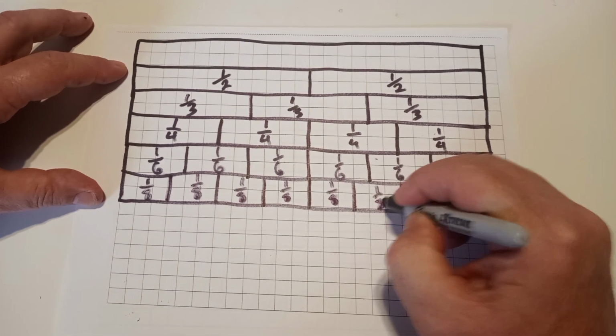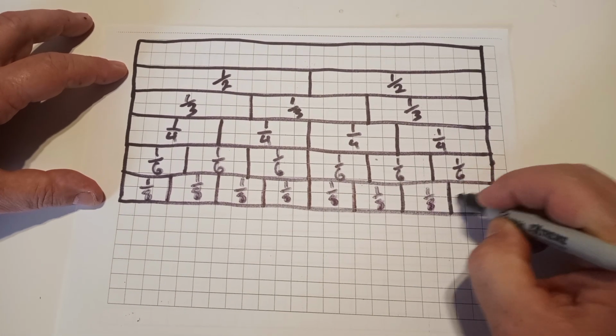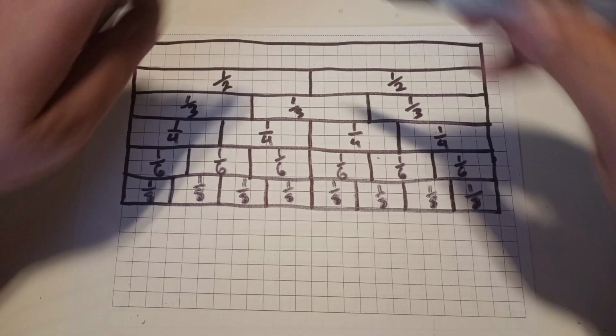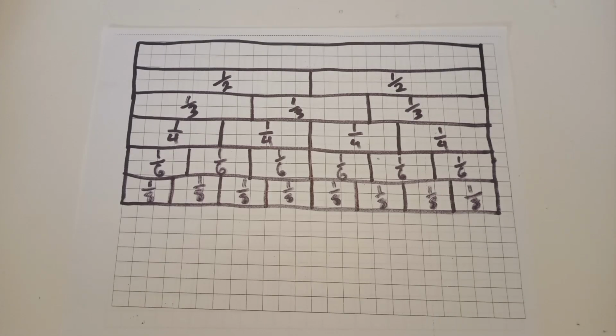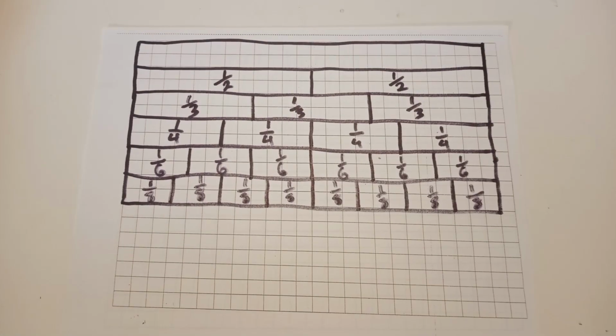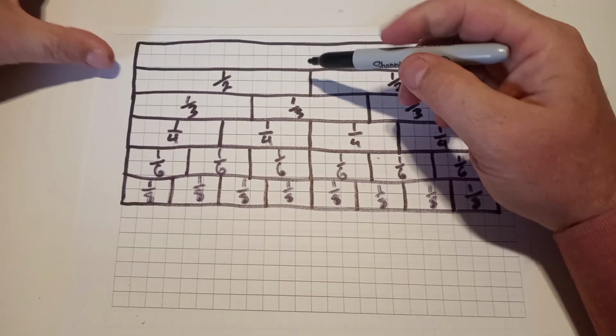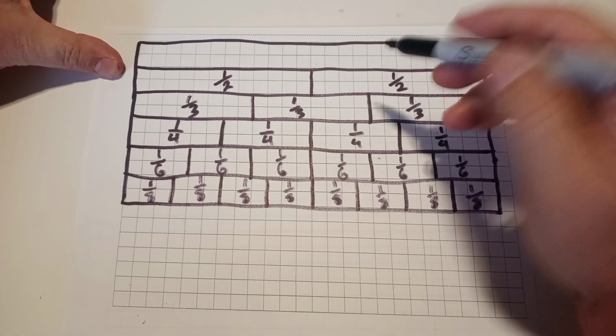Hurry up before my marker runs out here. Okay, so we're going to talk about everything that's equivalent on here. Basically, if they line up with each other, we know they're equivalent. When we were doing it, we discovered that my halves and fourths line up with each other.